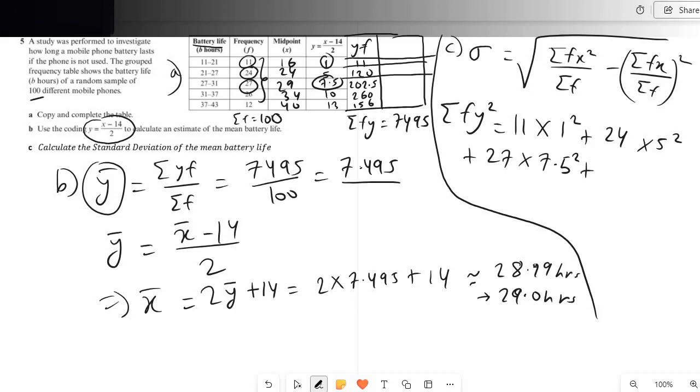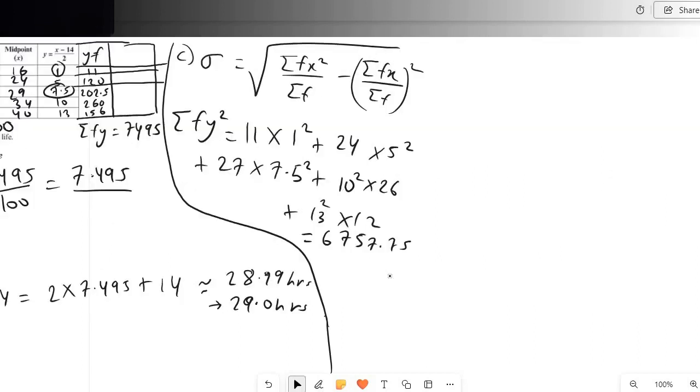Then add 10 squared multiplied by 26, then 13 squared multiplied by 12, following the format of fy squared. And this gives us a value of 6,757.75.